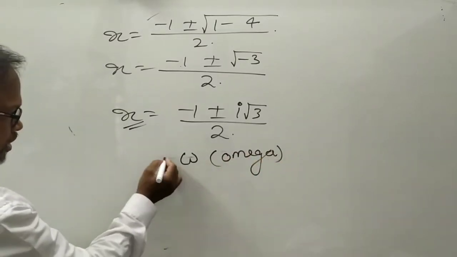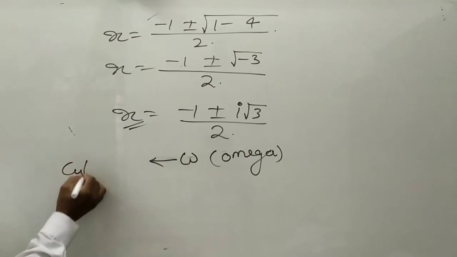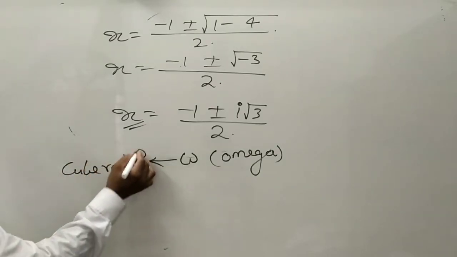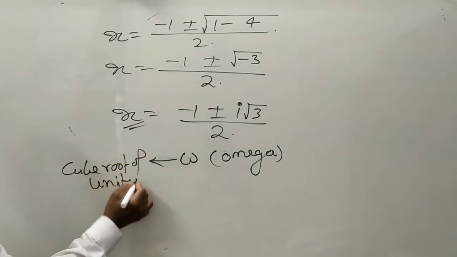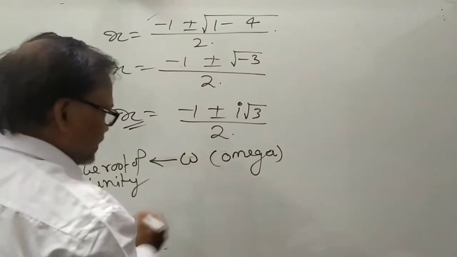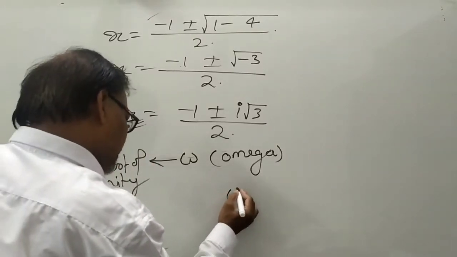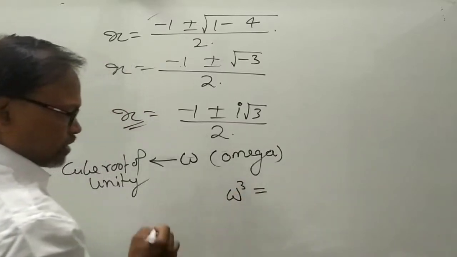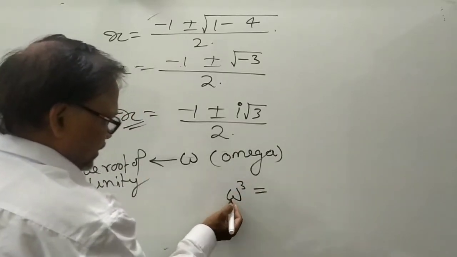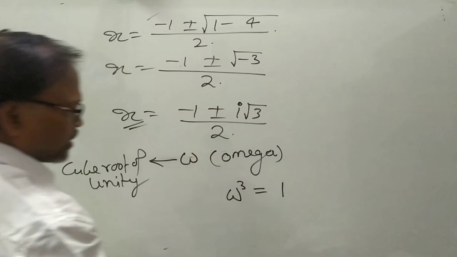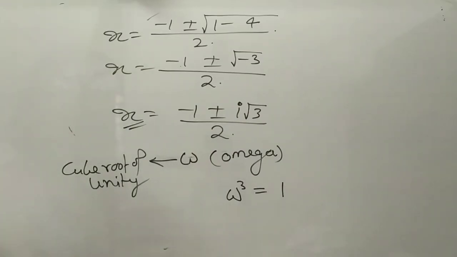This is the cube root of unity. Cube root of unity means the first equation x cube minus 1 is equal to 0, so if we put omega in place of x, it will come as omega cube is equal to 1.